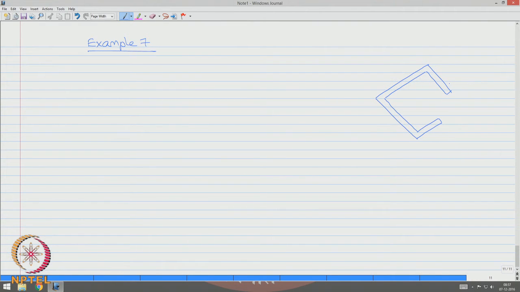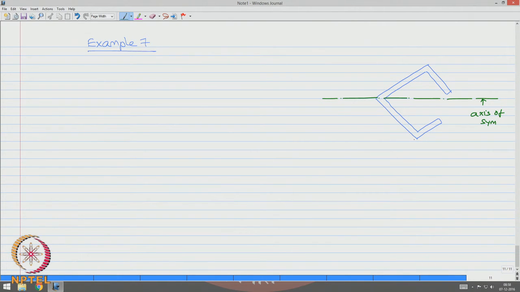This section has one axis of symmetry. Let us mark the dimensions of the section.